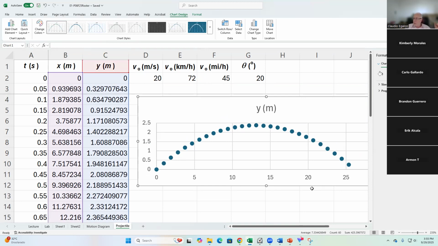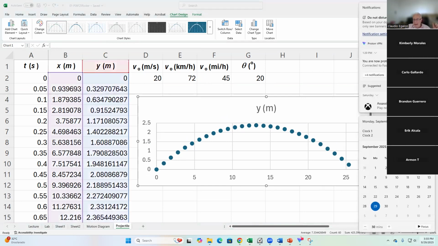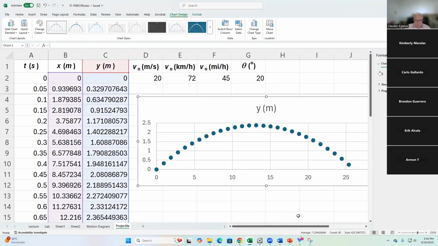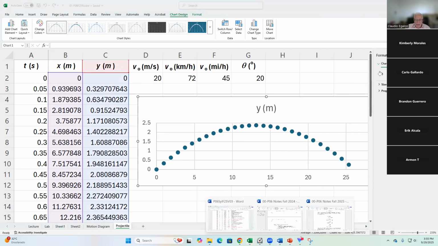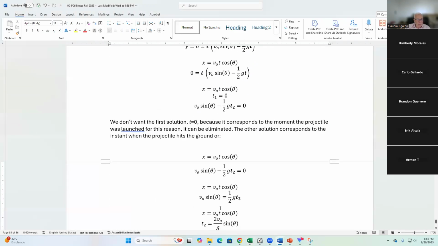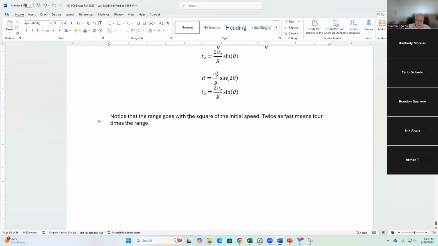11:55 is a good point to stop here for the break. Do you have any questions before we go into the break? Two different examples of projectile motion.